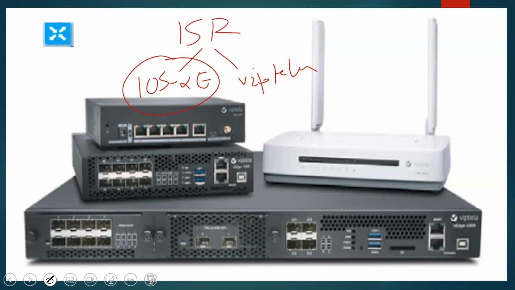Imagine a customer having 4,000 ISR plus ASR devices, and all of a sudden that company decides to move from WAN to SD-WAN. If they go to pure SD-WAN, maybe some other SD-WAN like Silver Peak, that means they have to retire all those 4,000 devices, right? And then they have to purchase Silver Peak or any other company's hardware, right?